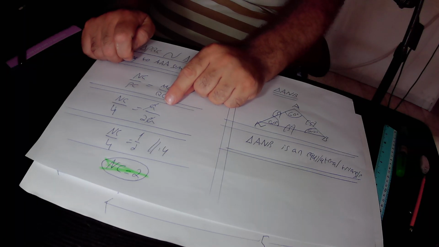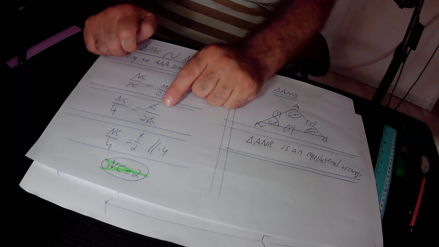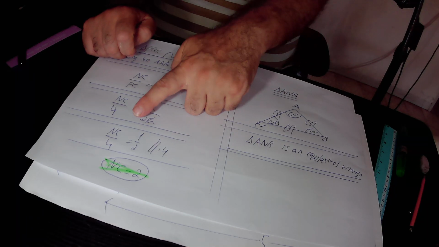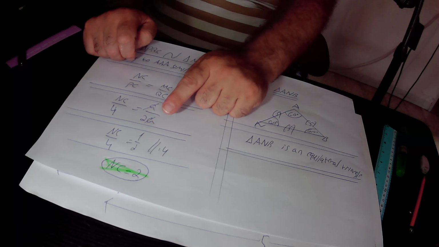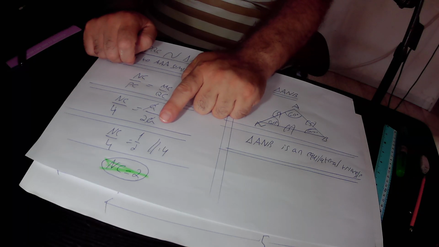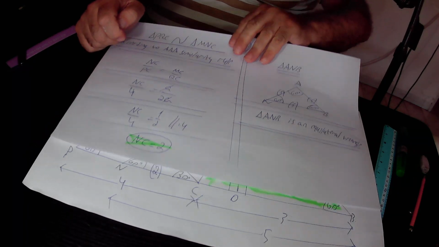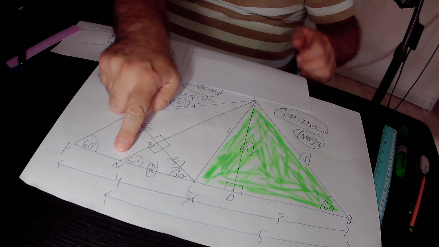We have A in the numerator and A in the denominator, so A will get cancelled, and we are left with the equation 1/2 equals NC over 4, or NC over 4 equals 1/2. Here we multiply this equation by 4 and finally found out that the missing side NC equals 4 over 2, that is 2. This is the missing side NC, that equals 2 units in its length.